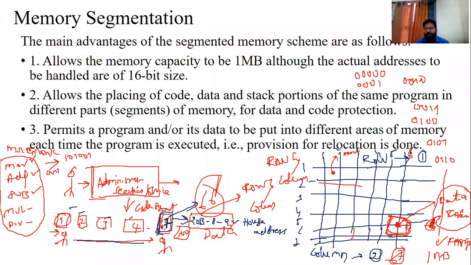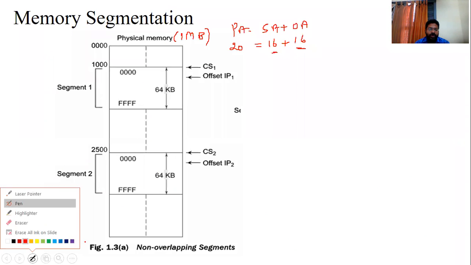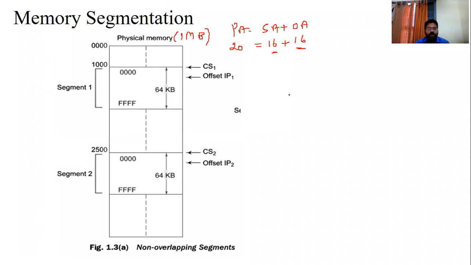It is somewhat easier for the microprocessor to identify this memory, RAM and ROM, the physical memory, which is equally divided. Out of 1 MB, 0.5 MB is RAM and the other 0.5 MB is ROM.